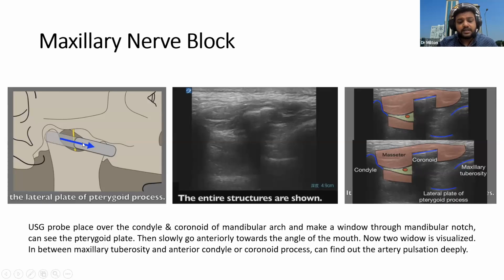After that it comes anteriorly, and we can see the deeper structure. Superficially we can see the masseter muscle, and this is the coronoid. After the coronoid there is an open space, which is another window, where we can see the deeper structure, the lateral plate of the pterygoid process.